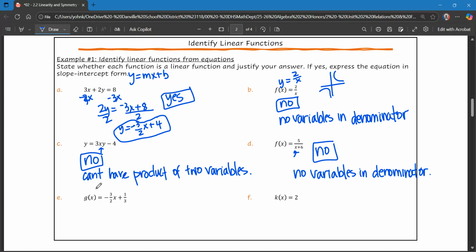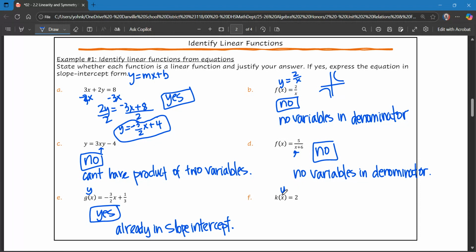All right, letter E, g of x equals negative 3 halves x plus 1/3. Remember, this is y equals, and this is already written in slope-intercept form. So this is yes, already in slope-intercept, y equals mx plus b. Okay, letter F, k of x equals 2.